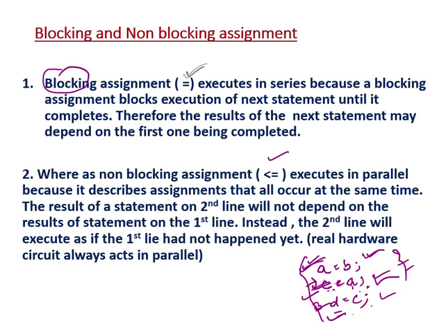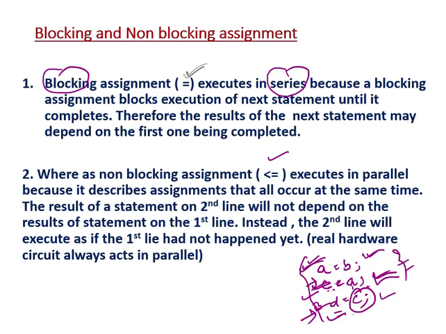If you consider the third statement, D equal to C, if the second line is not evaluated yet, then how will D be updated by the C value? That is one of the reasons why blocking assignments block the execution of the next statement unless and until the previous statements are completed. And you have to remember that it happens in serial fashion.